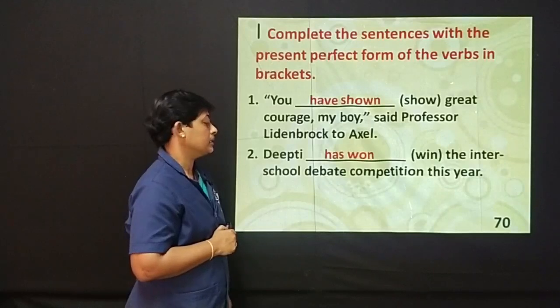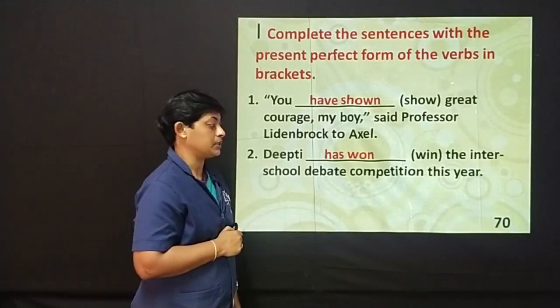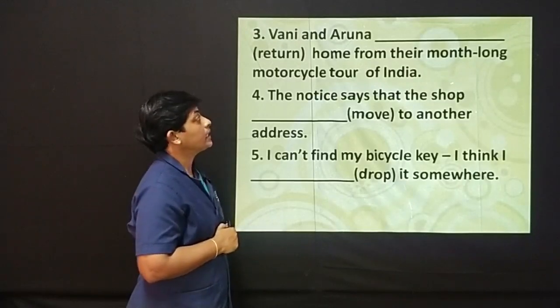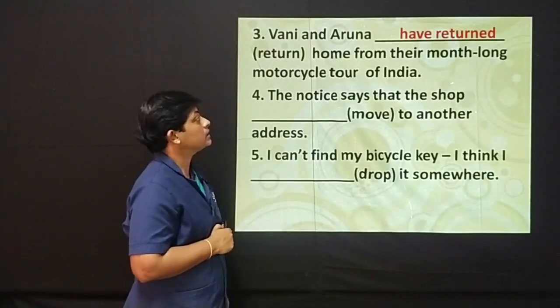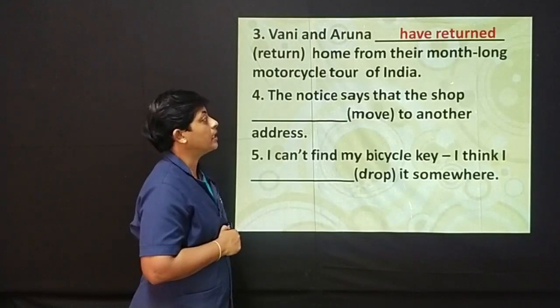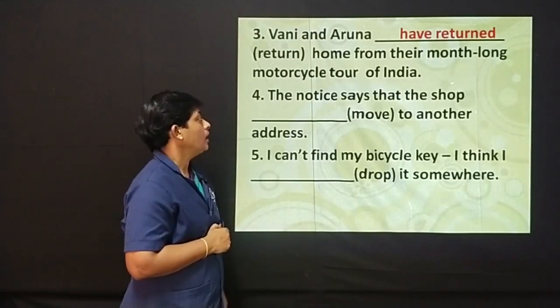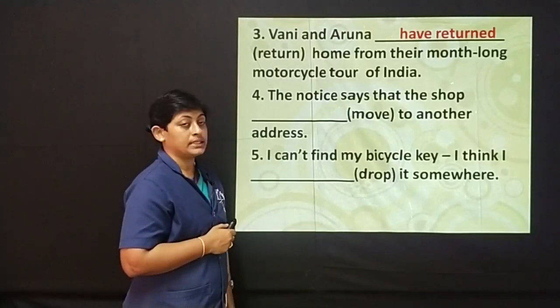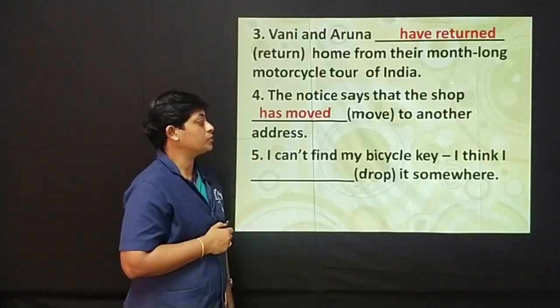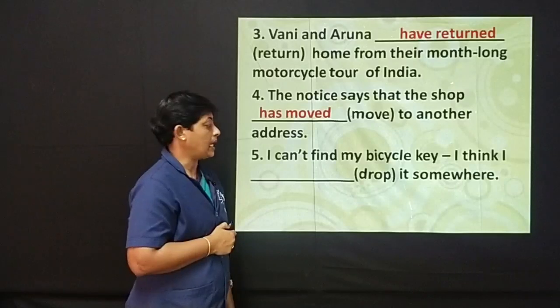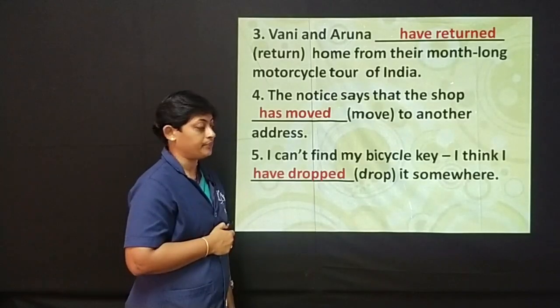Deepthi has won the inter-school debate competition this year. 3. Vani and Aruna have returned home from their month-long motorcycle tour of India. 4. The notice says that the shop has moved to another address. 5. I can't find my bicycle key. I think I have dropped it somewhere.